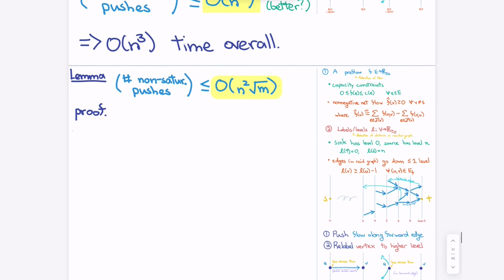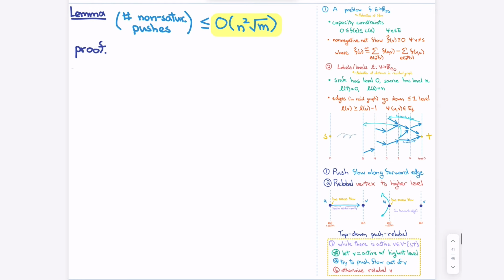All right, so we're going to show a bound of n squared square root m, which I think is the best bound we'll see for this problem in this class. So the claim is that we can get this down to n squared square root m, which is better than n cubed if the graph is sparse. Because that would be like n to the 2.5 if m is n.